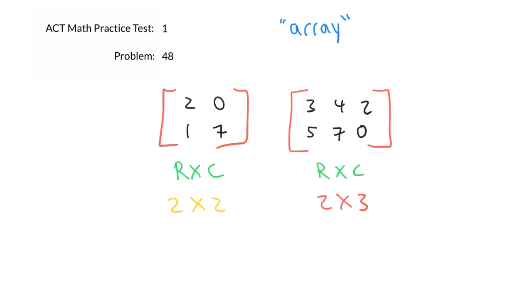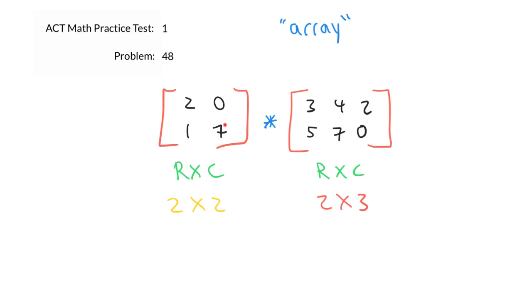Now, let's say your teacher or the ACT test asked you to multiply these. Whenever you're asked to multiply matrices, the first question you should ask yourself is whether it is possible to multiply these. Because if it's not possible, then the result would be undefined.